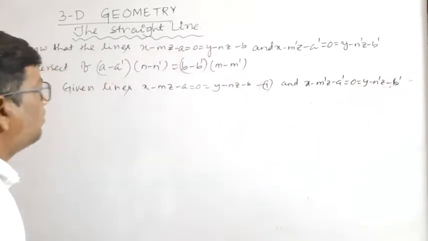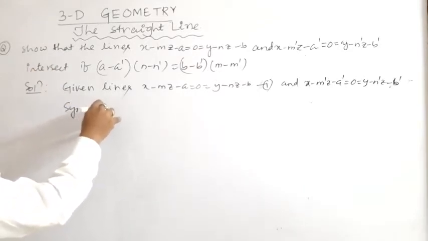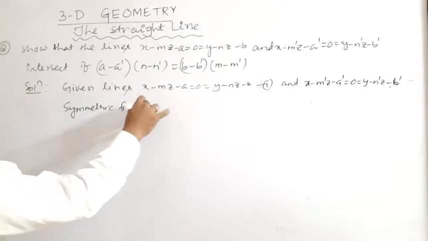Now, symmetric form of line 1 is what? Symmetric form of line 1.